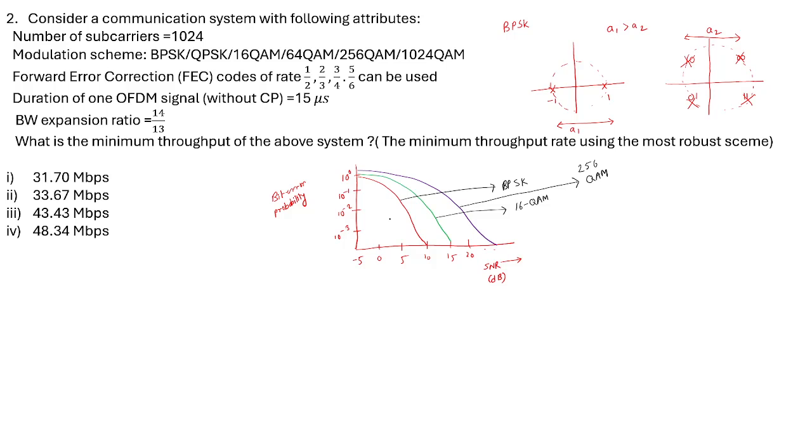So you take any SNR point, you will see that BPSK is going to have the best bit error probability. Whereas for a higher modulation scheme, like 256 QAM, to achieve a reliable bit error probability, maybe like 10 to the power minus 2, you can consider that they are achieving almost around this. If I see 10 to the power minus 2 as more or less decent reliability, that is only 1 out of 100 bits in error, which is of course not very good by today's standard, but still somewhat reliable.